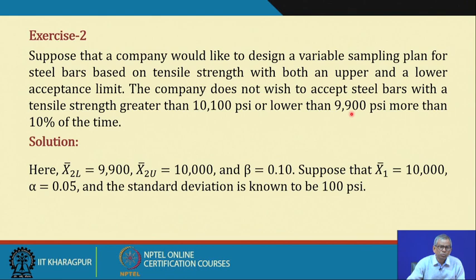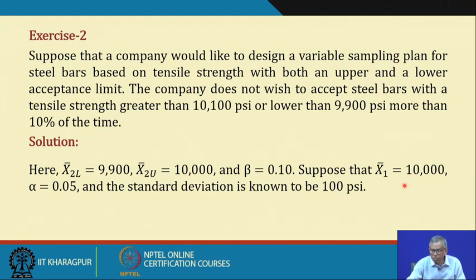So, against these two poor quality levels, what is the corresponding probability of acceptance? That is 10%. That means, it is essentially a consumer risk. So, here X2L bar is 9900 and X2U bar is 10,100 and beta is equal to 0.10, that is the consumer risk.